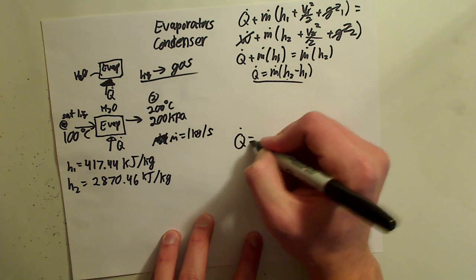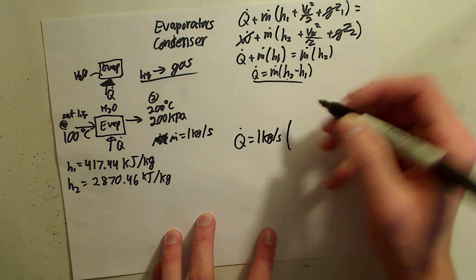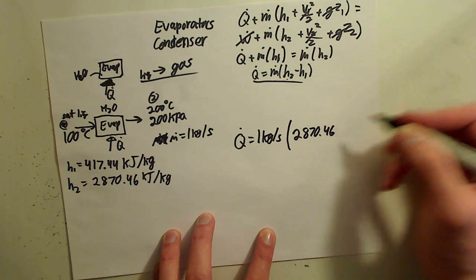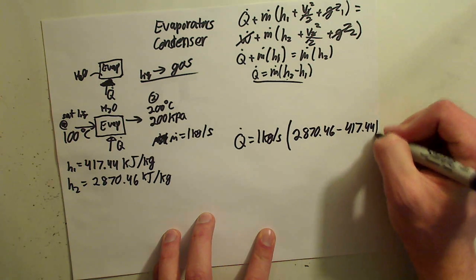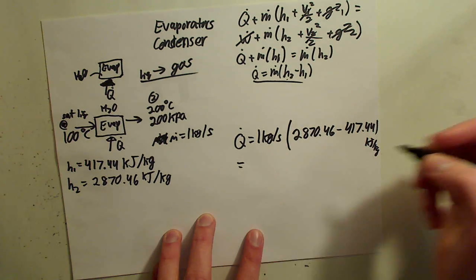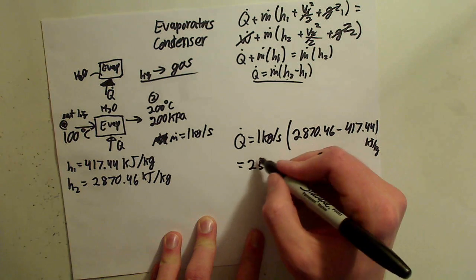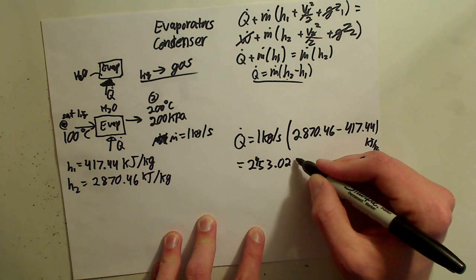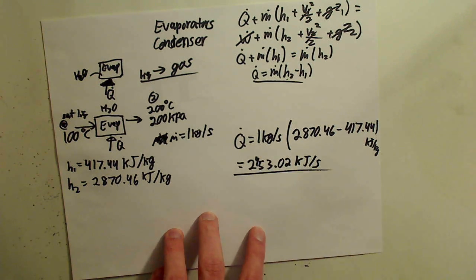Q is going to equal 1 kilogram per second times 2,870.46 minus 417.44, and that's kilojoules per kilogram. And then we are left with, once you do the easy subtraction there, 2,453.02 kilojoules per second. And that's how an evaporator works.